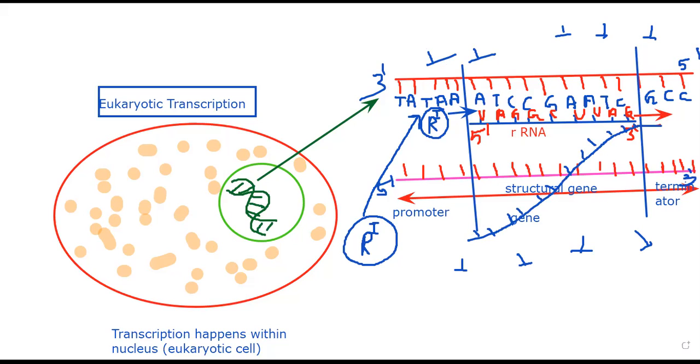So here it is, your beautiful rRNA. Now finally it came out from the DNA, and it will come out from the nucleus also, because in the nuclear membrane there are certain pores, so it can easily come out to the cytoplasm.